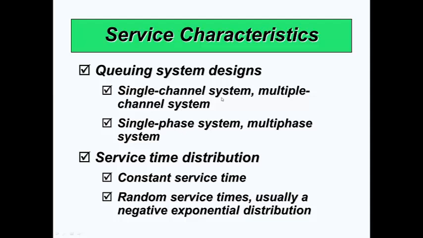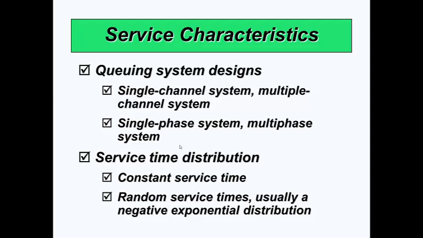Single channel, multi-phase. A common example would be a drive-through window of a fast food restaurant. You may have three windows. The first window is to place the order. The second window is to pay the money. The third window is to collect your food.